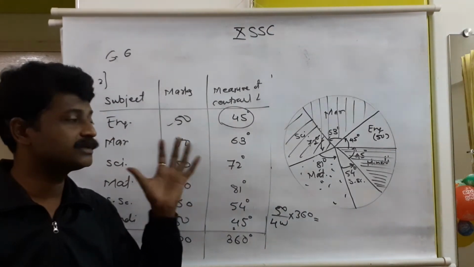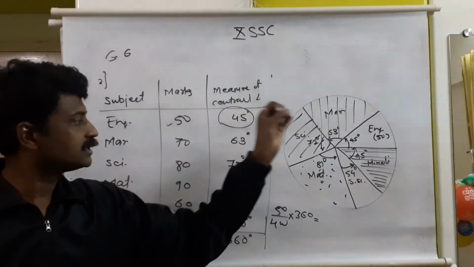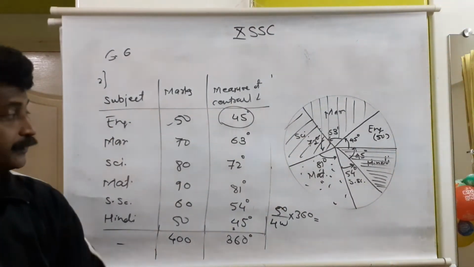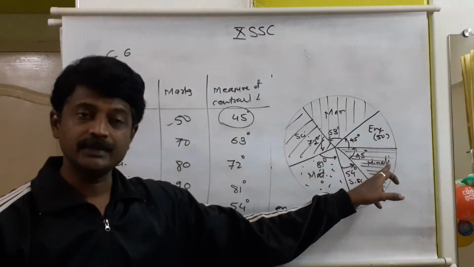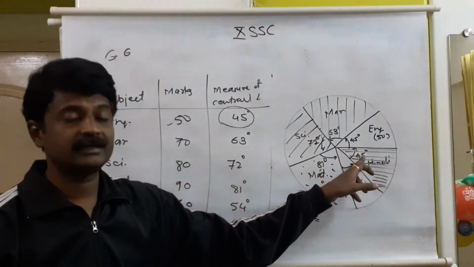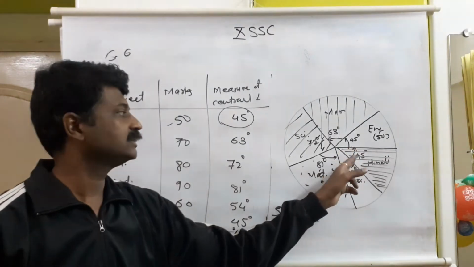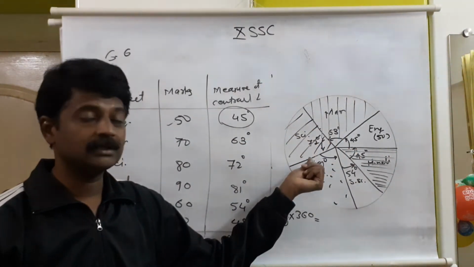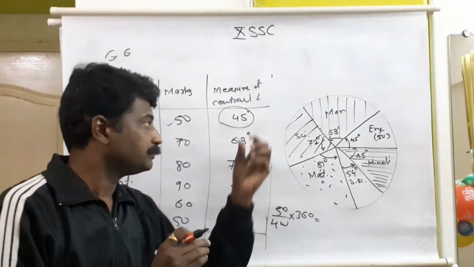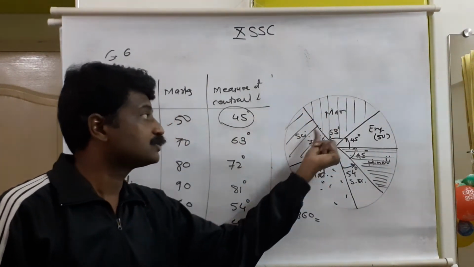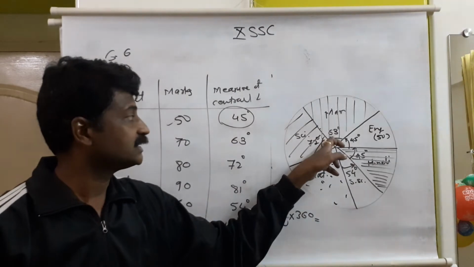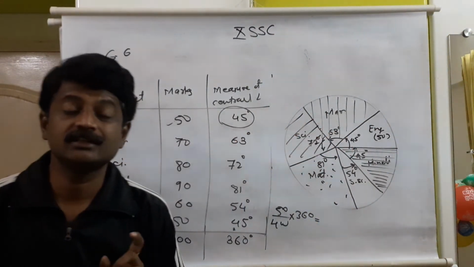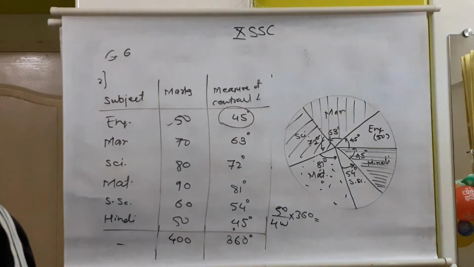All the information available in the data, it is necessary to show that this sector is related to which subject and what is the central angle. It is very necessary. If those things are not written, then marks will get cut. The measurement is also important. The paper checker will keep the D here and actually measure whether, if it is written 60 degrees, it is actually a 60 degree angle or not.